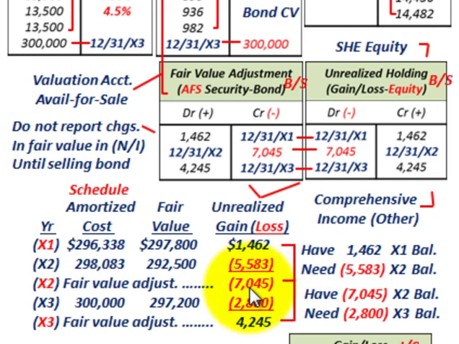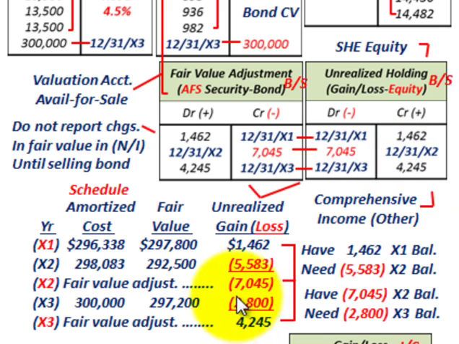We have $7,045 in the X2 balance, so we can just go and look at it up here. We've got that in the balance here, but we need to get to a balance here of $2,800. Now we're not showing the $2,800 up in these accounts, but in order to do that, we're going to have to make an adjustment here, in this case to our unrealized holding gain. We're going to have to add $4,245.